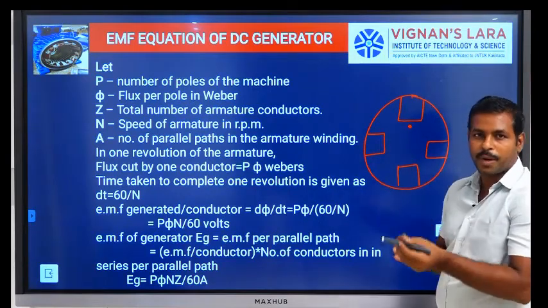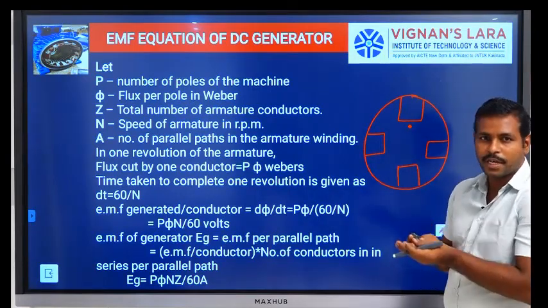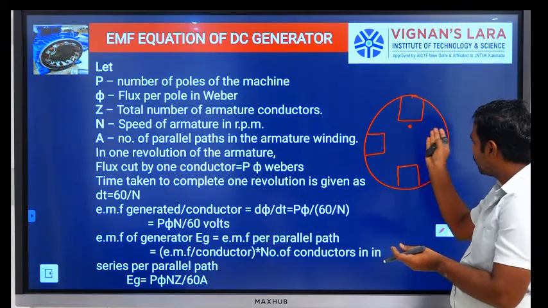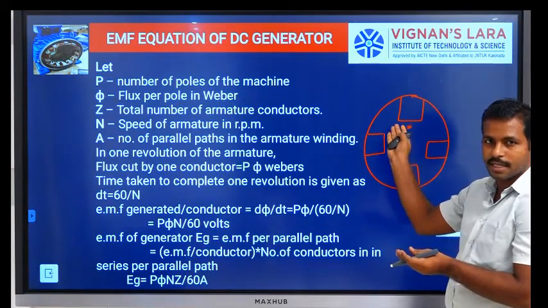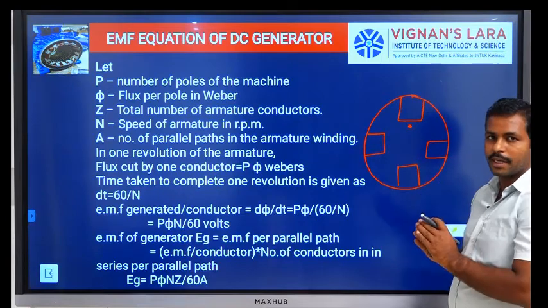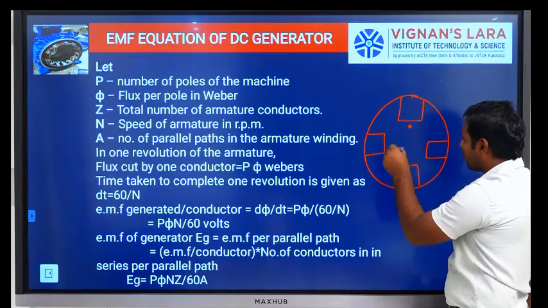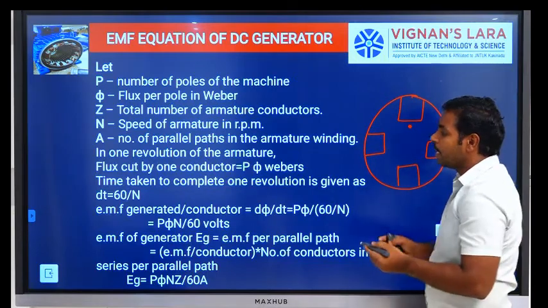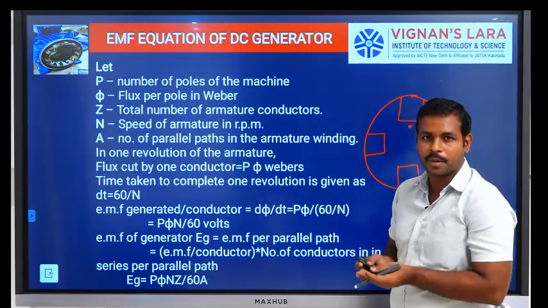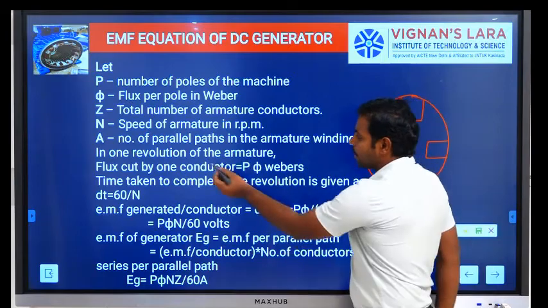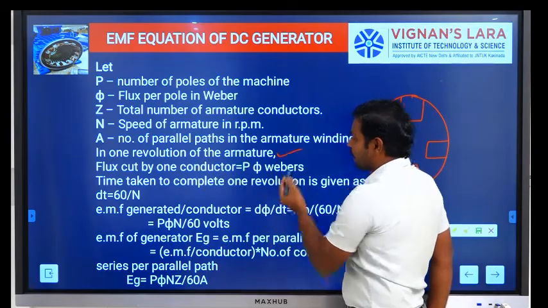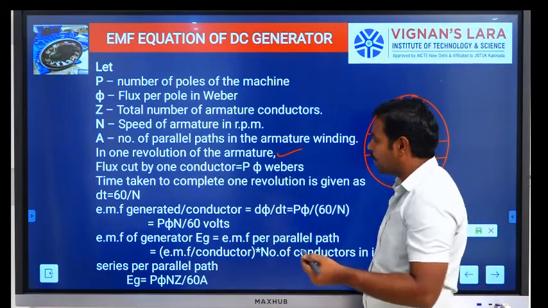By using a prime mover it rotates from 0 degrees to 360 degrees, back to 0 degrees, so the conductor completes one revolution. How many poles are covered by the conductor in one revolution of the armature?